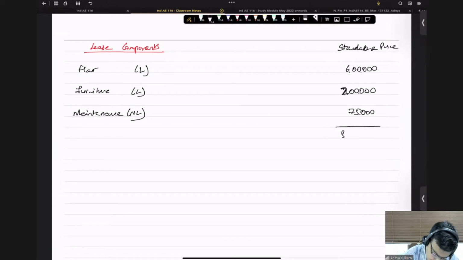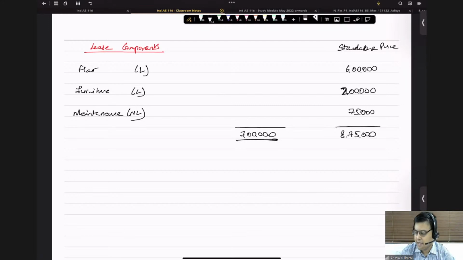So the total standalone price is 8,75,000. Now you are getting all of this bundled up for 7 lakhs. Meaning you are getting a combo offer. So what the standard tells, you will have to split it based on standalone prices.